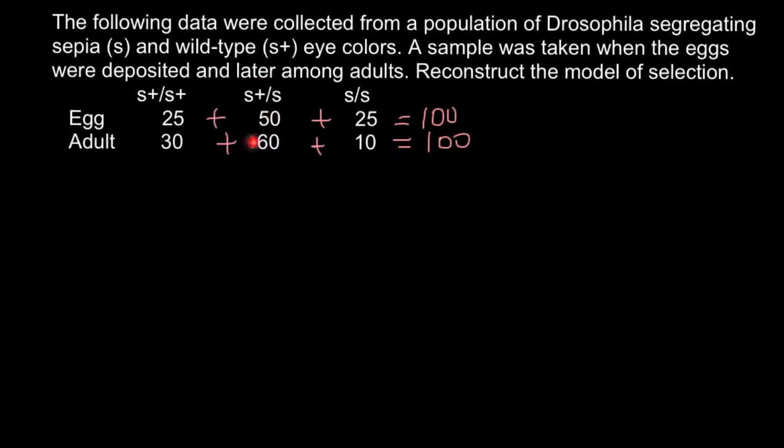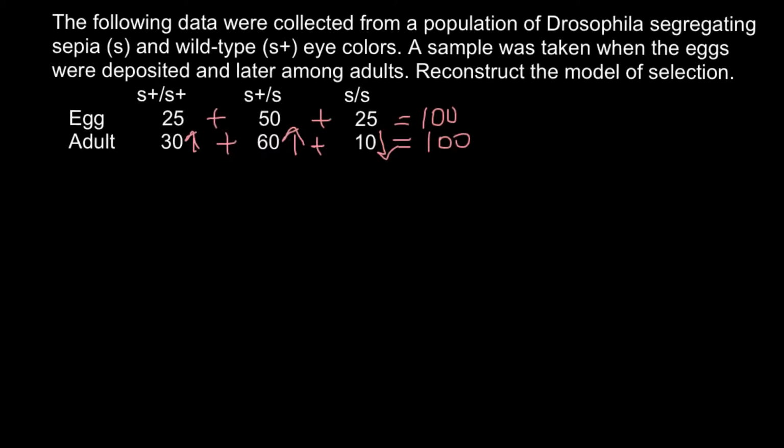This genotype also would increase in frequency, to 60% instead of the initial 50%. And this genotype, which is homozygous recessive, would represent only 10% instead of the initial 25%. So we see an increase in frequency of these two genotypes, and a decrease in frequency of this genotype.